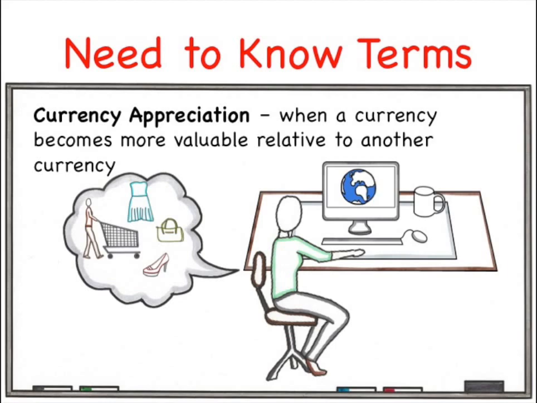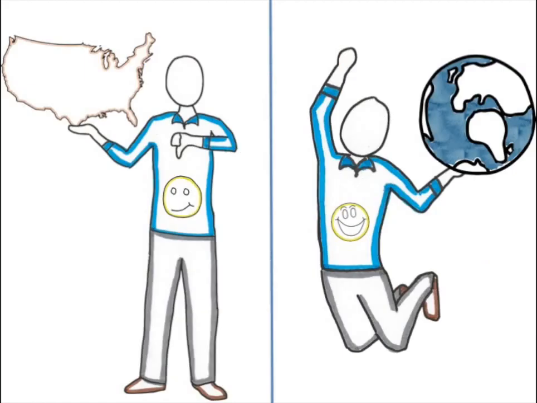I bet you wondered what Tammy was doing. When Tammy heard me say the dollar appreciated, Tammy rushed to the computer to buy more goods from around the world. Since the dollar appreciated, goods from around the world are cheaper. We must remember that when the dollar appreciates, it's not always good for that country. For example, when the dollar appreciated, people like Tammy will buy more foreign goods, meaning more imports.